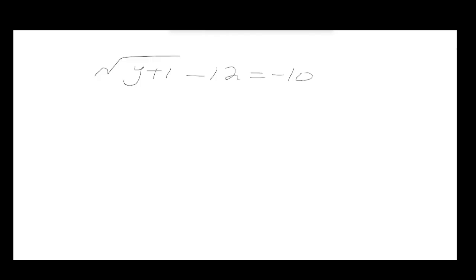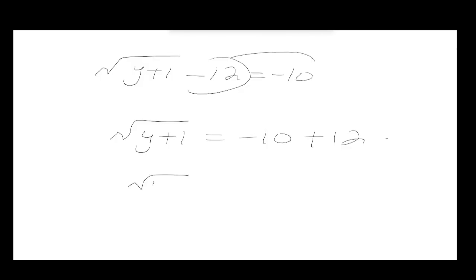How can we solve this expression? Firstly, negative 12 will go to the right side, so it can be converted to a positive value. So we will write radical y plus 1 is equal to negative 10 added with 12. Minus plus is minus, but the sign is plus, so we will just write radical y plus 1 is equal to 2.